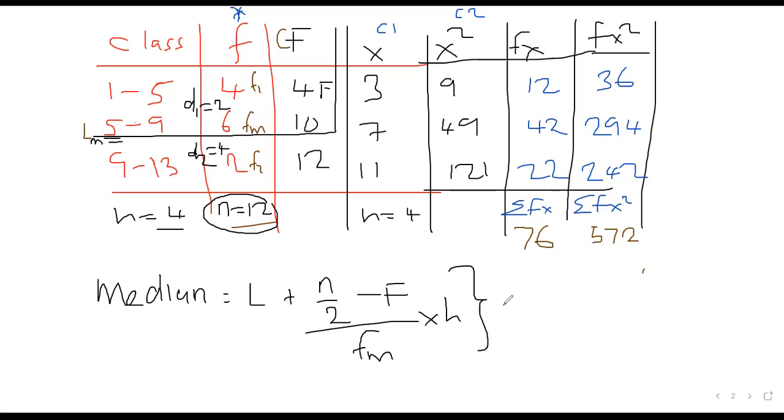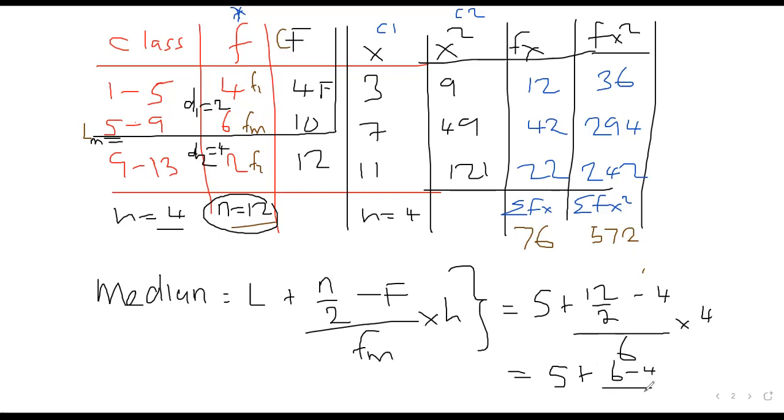So in this case, our lower bound was 5, our N was 12 over 2, our F facing the F1 is a 4 over Fm, our Fm is this 6 times 4. So here we're going to have 5 plus 12 over 2 is 6, that's 6 minus 4 over 6 times 4.